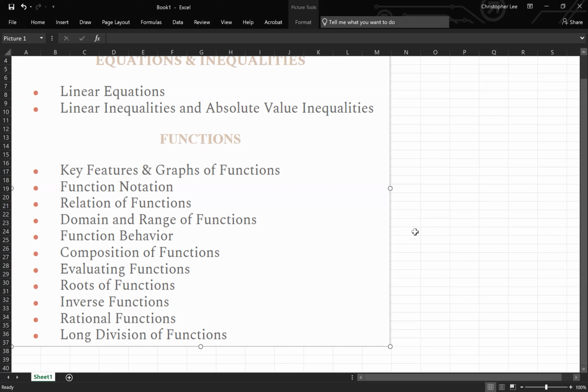Key features of graphs of functions, function notation, relation of functions, domain and range of functions, function behavior, composition of functions, evaluating functions, roots of functions, inverse functions, rational functions, and of course, long division and synthetic division.